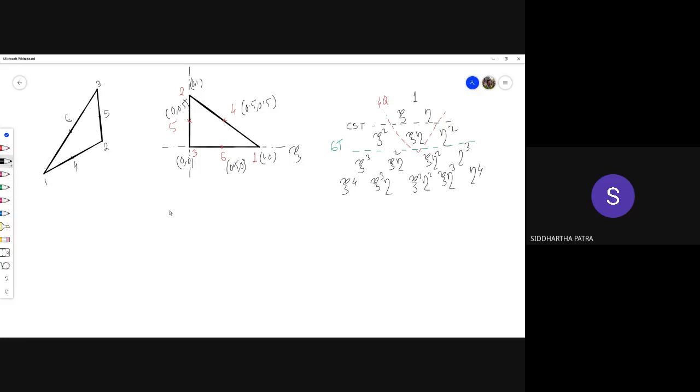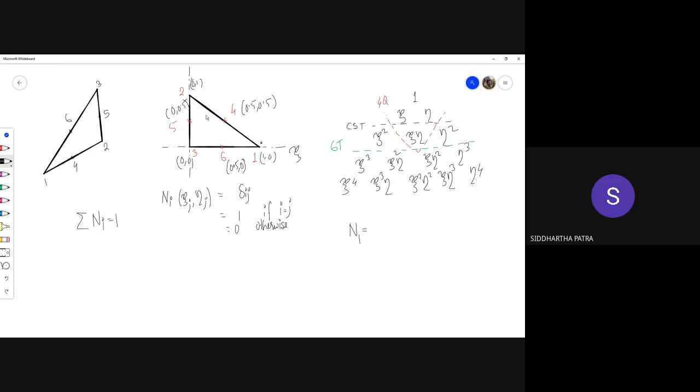Another rule that has to be satisfied is that the ith shape function at the jth node should be the Kronecker delta, that is equal to 1 if i equals j and 0 otherwise. And the summation of all the shape functions must be equal to 1. So these are the two rules of constructing shape functions. Now let us look at shape function 1. That is supposed to be unity at node number 1, and 0 everywhere else.